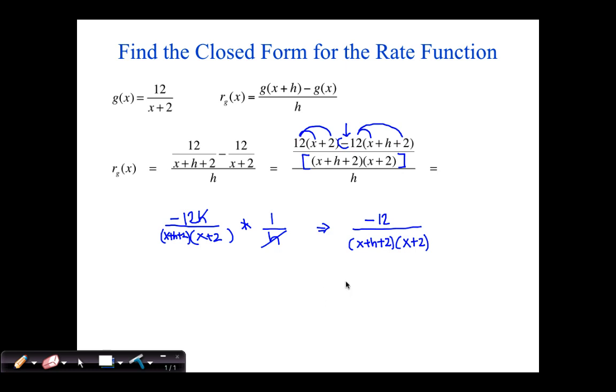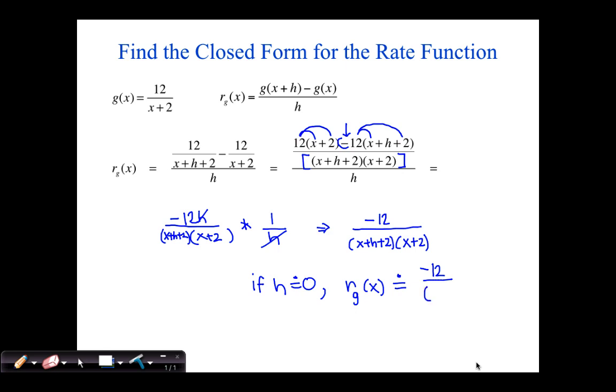If I imagine that this h is essentially 0, that means that the two factors in the denominator are essentially the same factor. Or I can imagine if h is approximately 0, this r sub g of x becomes approximately negative 12 over, well, x plus h plus 2 would be just about x plus 2.